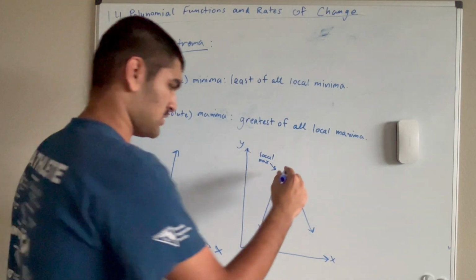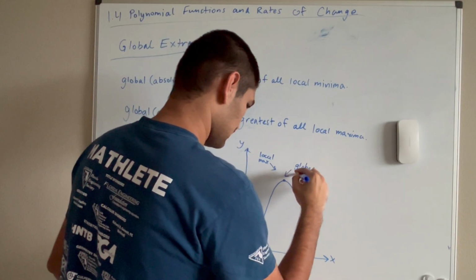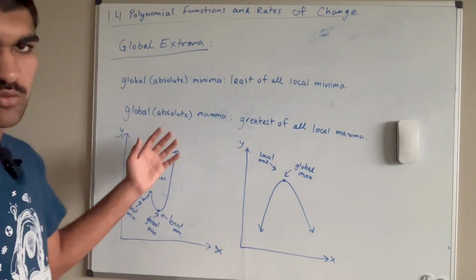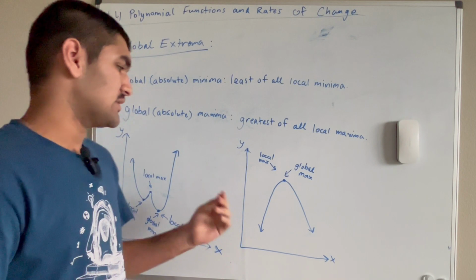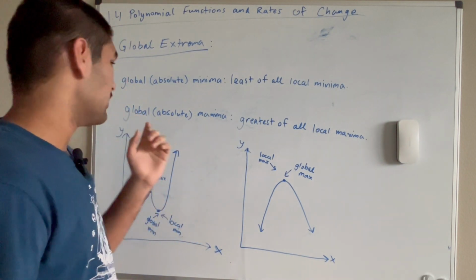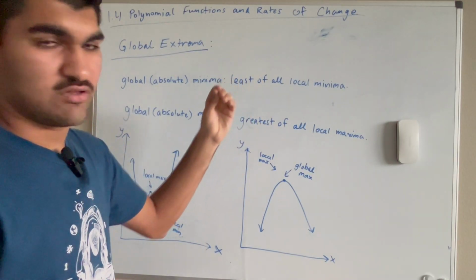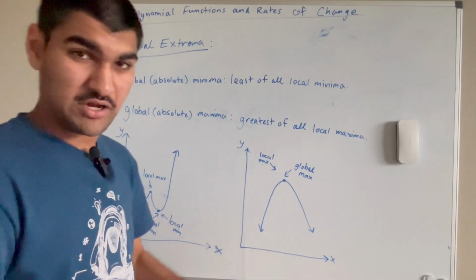So this would also be considered the global maxima. So another way to think about absolute minima or maxima is: absolute minima is the least possible value attained by the function, and global maxima is the greatest possible value attained by the function, given that the function changes from increasing to decreasing or decreasing to increasing.